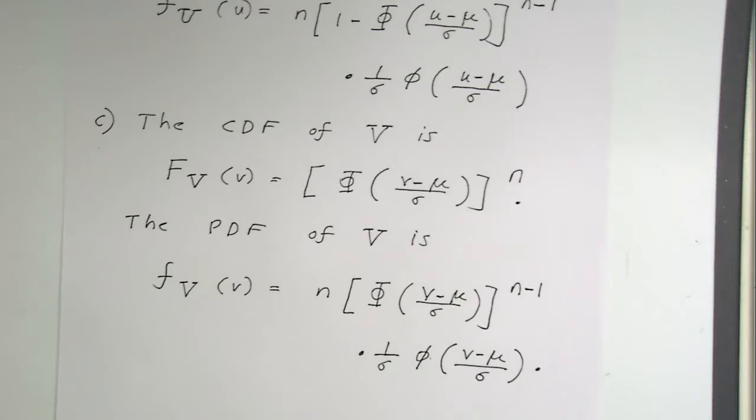I think you're confusing something. What you have here is the density of the normal, like 1 over sigma times this one. Yeah, but this one is the same as the density of the normal.